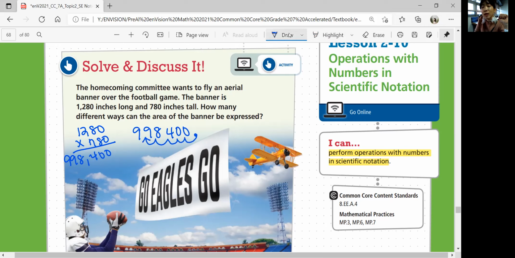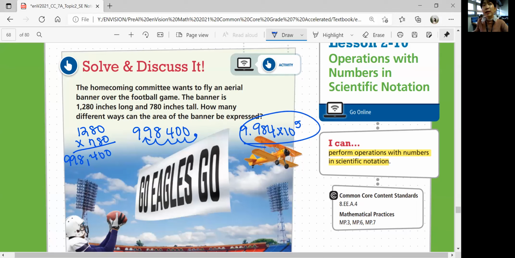You move the decimal point back five places so that it's to the right of the first nonzero digit in your number. So that's going to be 9.984 times 10 to the 5th power.